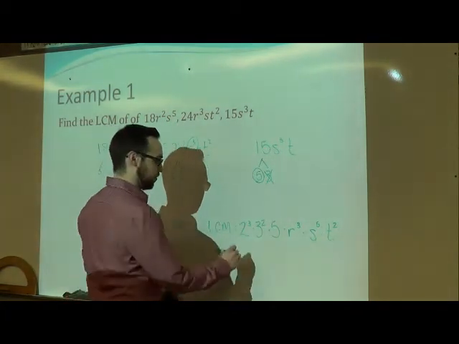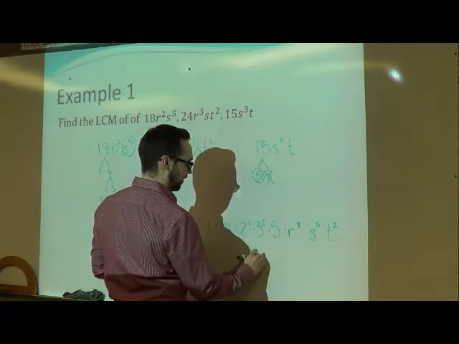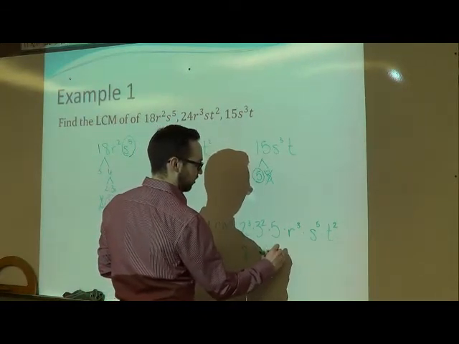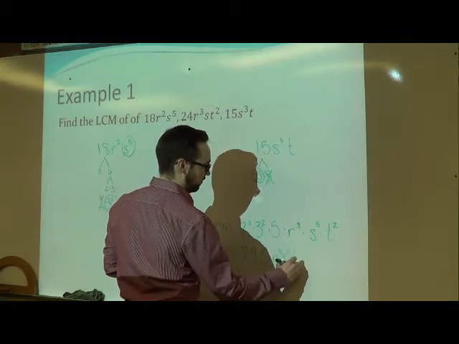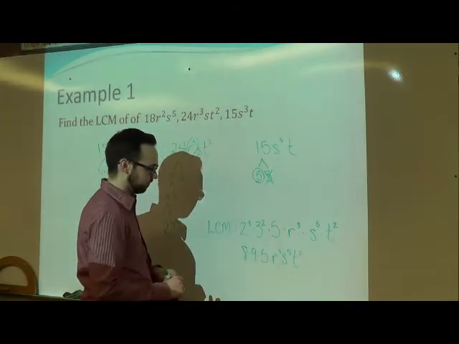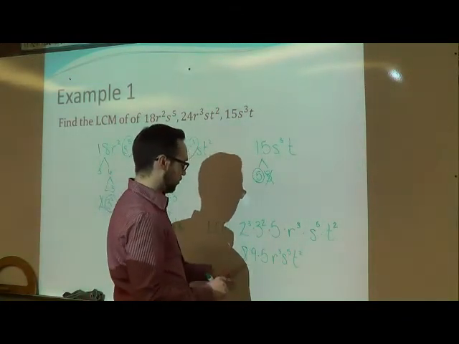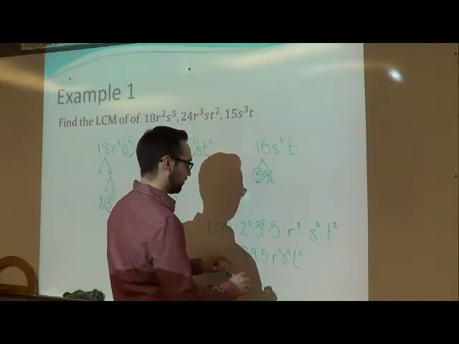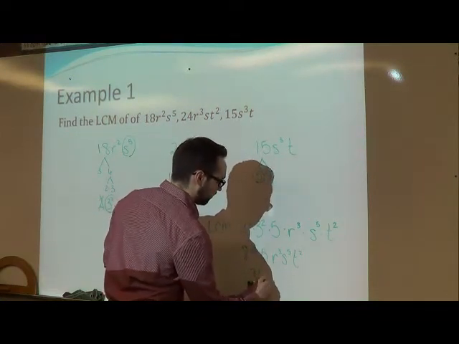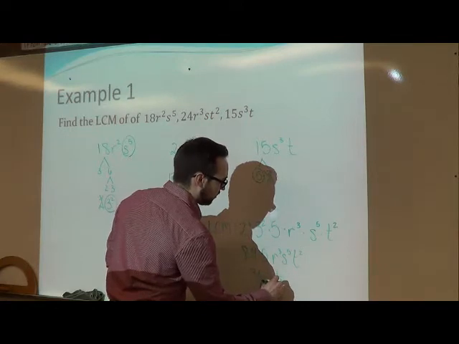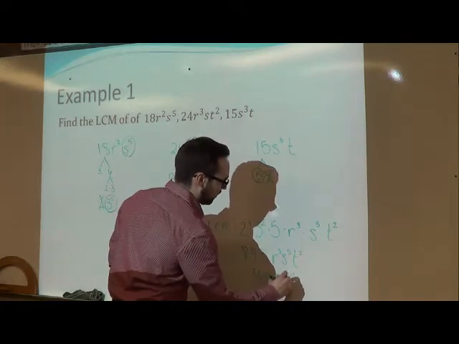So if I multiply this out, we end up with 8 times 9 times 5 r cubed s to the fifth t squared. So 40 times 9 is going to give us 360 r cubed s to the fifth t squared.